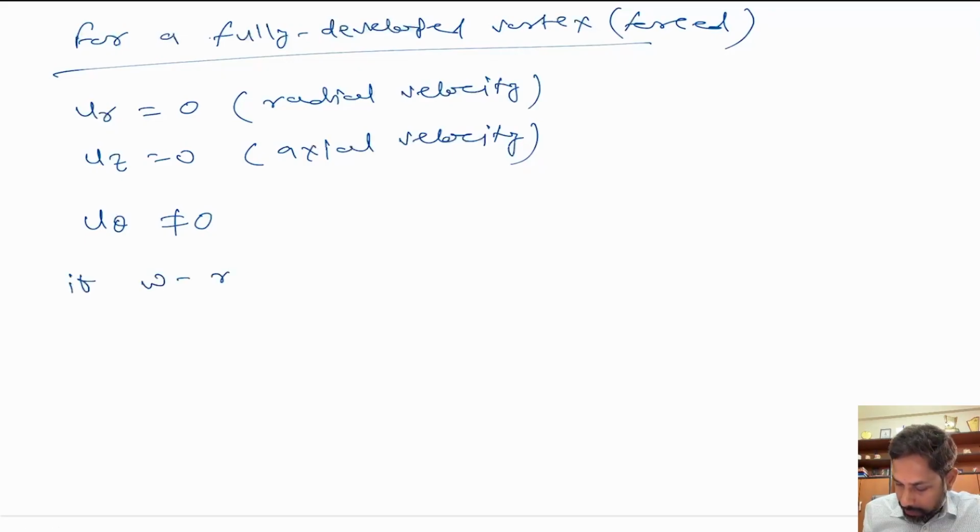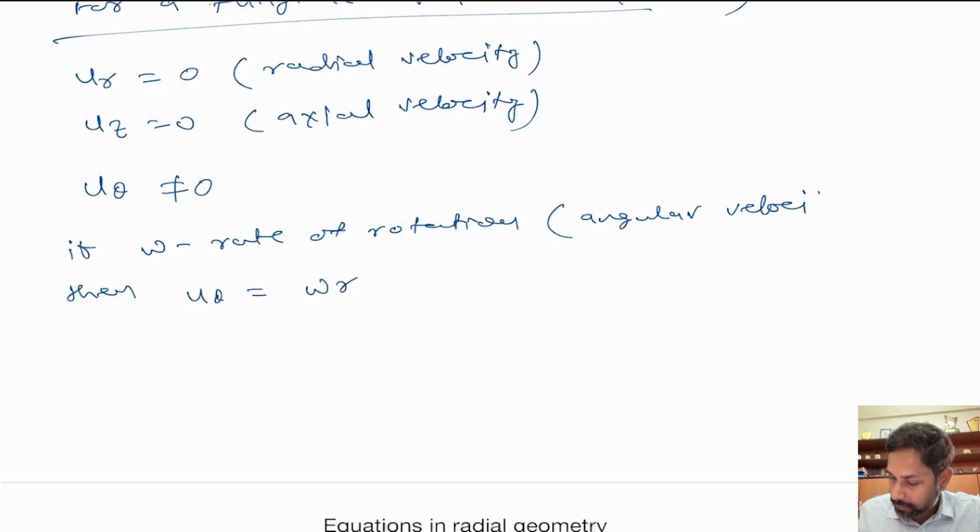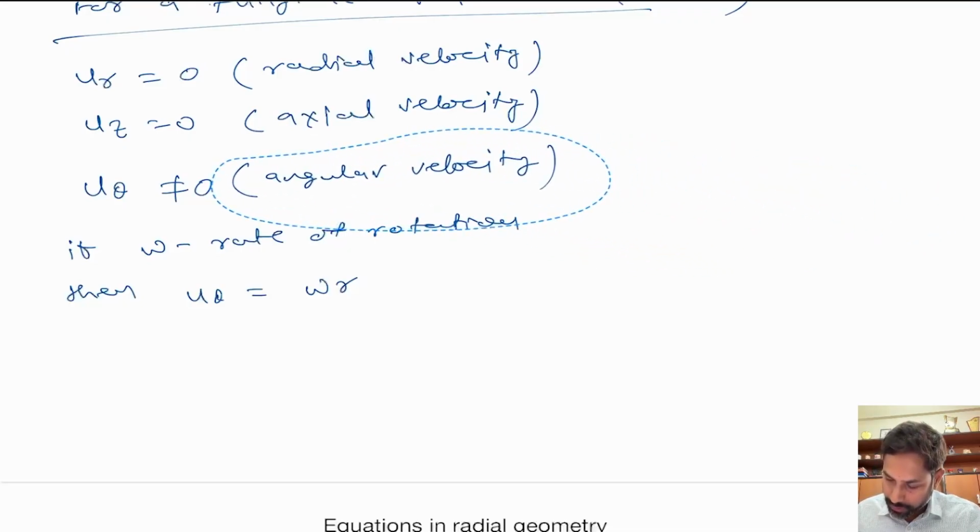If omega is the rate of rotation, then u theta will be equal to omega times r. You can call u theta the angular velocity, not omega, which is the rate of rotation. Let's not get confused.